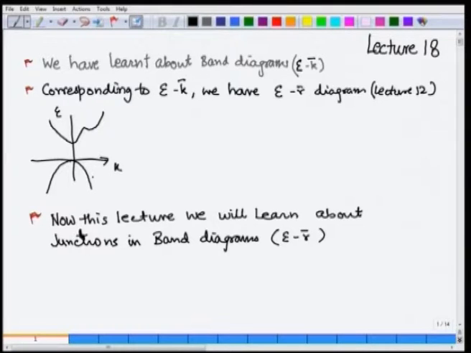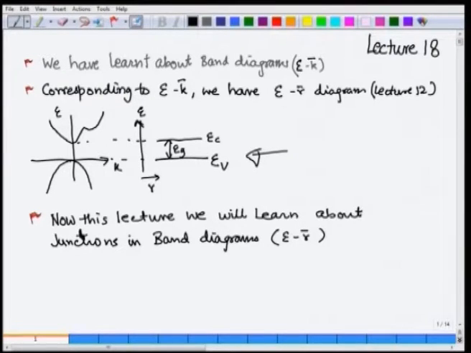So, we could plot another diagram where we could have something like this as another semiconductor, where this axis continues to be the energy axis, but the other axis is a position axis, and this was the EC and this was EV, and this was the band gap. This was the EG, which is the band gap in this material, and this is what we had done in lecture number 12.